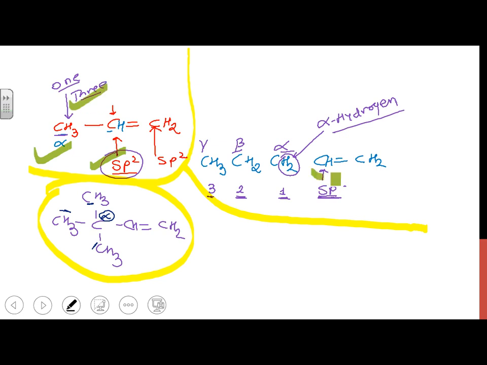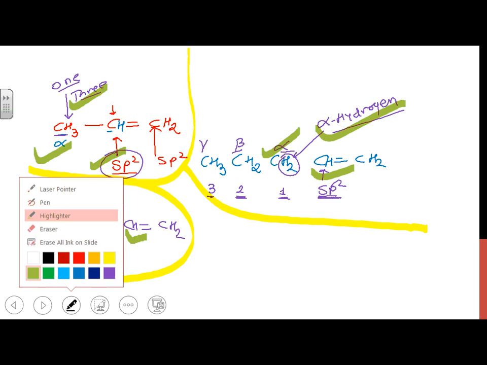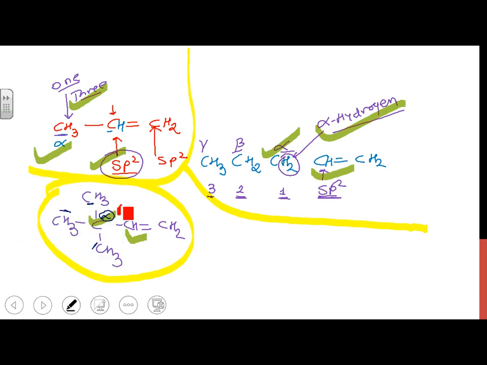Structure number 2 has an sp2 carbon, alpha carbon and alpha hydrogen. Structure number 3 has an sp2 carbon and an alpha carbon, but it doesn't have alpha hydrogen. Since there is an absence of alpha hydrogen, structure number 3 will not show hyperconjugation.